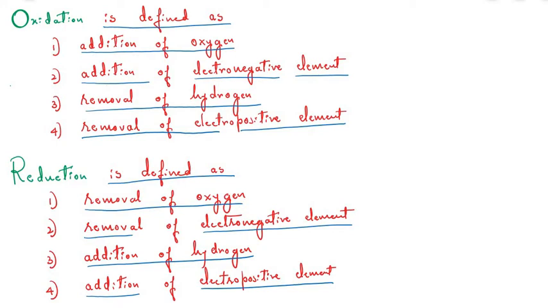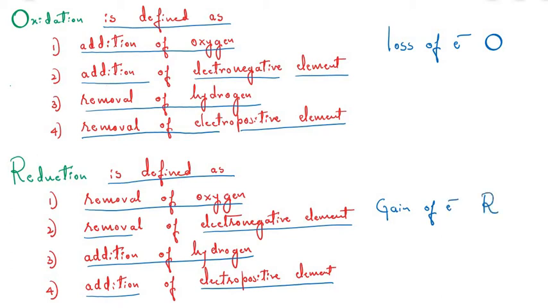But one has to remember the modern concept of oxidation and reduction. The modern concept for oxidation is loss of electron. One should remember these terminologies. Loss of electron is called oxidation, right? Similarly, gain of electron is called reduction.